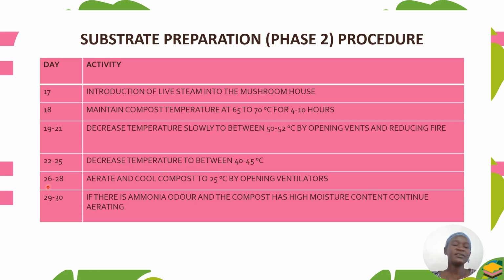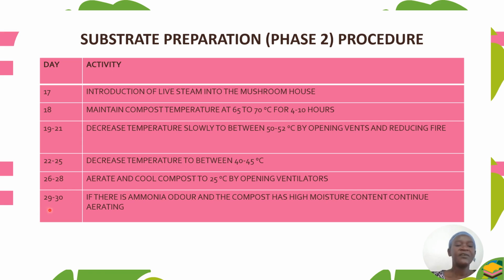Then on days 26 to 28, you aerate and cool the compost to 25 degrees Celsius by opening all the ventilators until the substrates are cool.